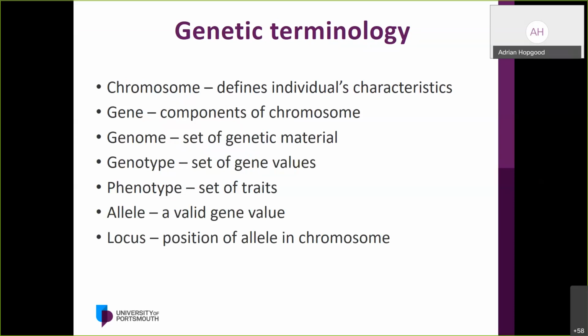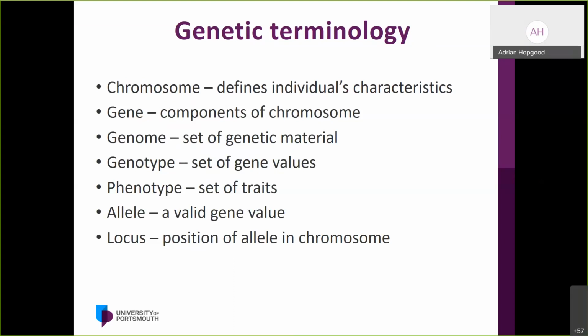Your population of candidate solutions, each one of those candidates is defined by a chromosome. That defines the characteristics of each candidate solution, and that's made up of a set of component parts, each of which is a gene, and the overall set of genetic material is the genome.